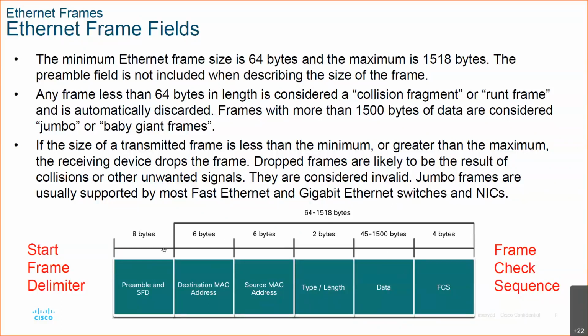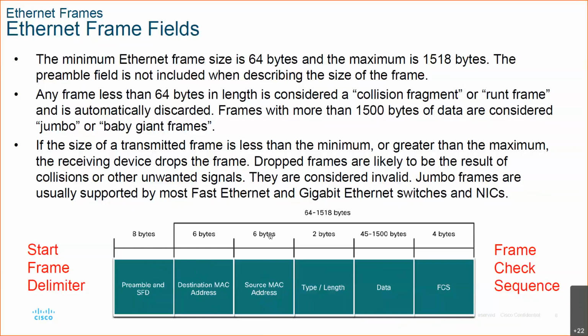Now, in the beginning, you have the preamble and SFD. The preamble and SFD will be 8 bytes. Then you have your MAC address, which is the destination MAC address, 6 bytes, where it has to go. The source MAC address, another 6 bytes.